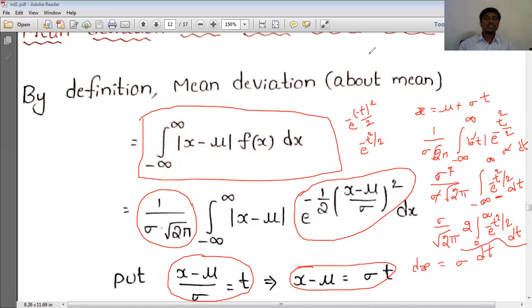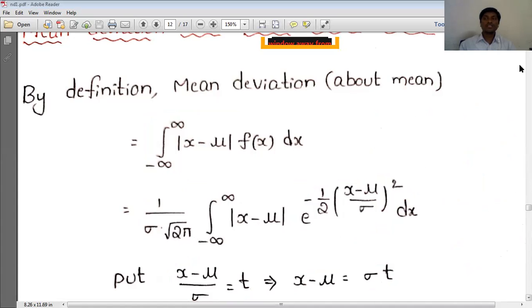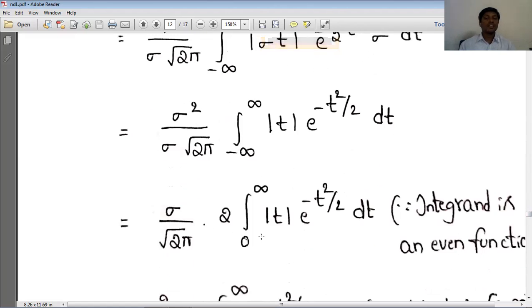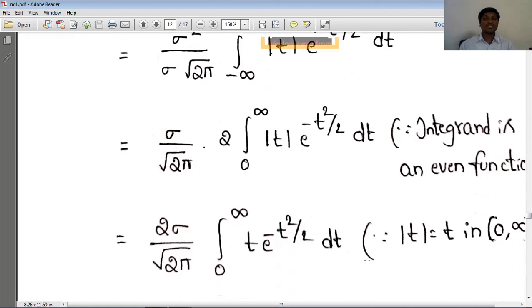Okay, so if you observe this, dx is equal to that, and mod sigma t we substituted as sigma square, and next modulus t e power minus t square by 2. This is an even function. So here modulus of t is t, because here the integral is from 0 to infinity.